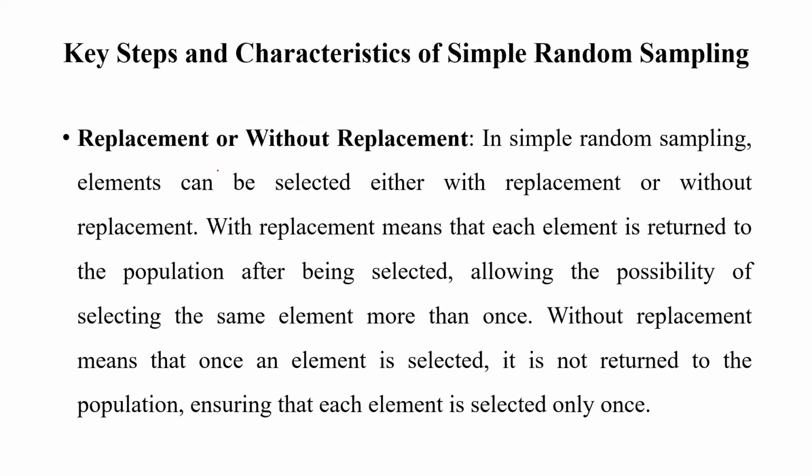And one other point we need to keep in mind: with replacement or without replacement. In simple random sampling, elements can be selected either with replacement or without replacement. With replacement means that each element is returned to the population after being selected, allowing the possibility of selecting the same element more than once.